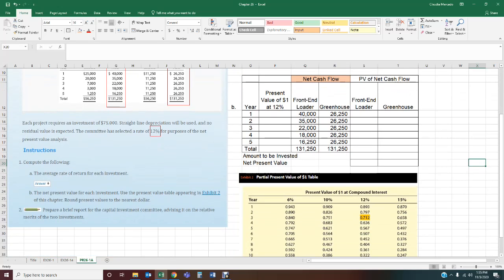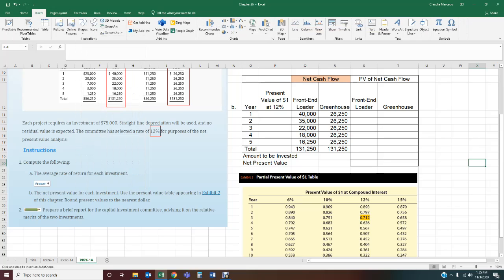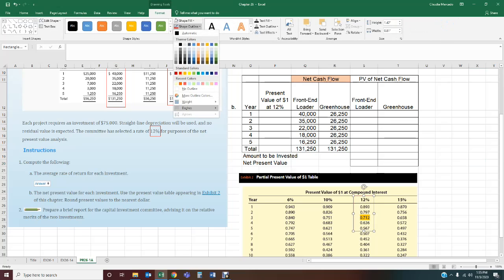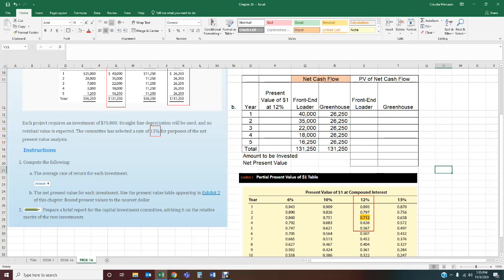So we're going to look at our table, and we're looking at the first 5 years. Okay, so this is going to be the numbers that we're looking at. Years 1 through 5. So these are what we're looking at, years 1 through 5, and these are the rates that I'm looking at.